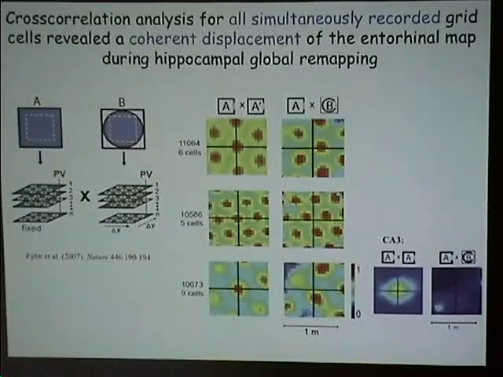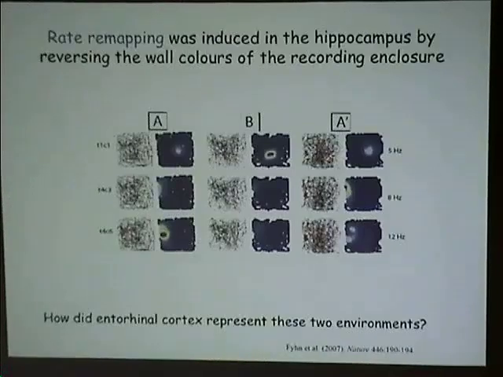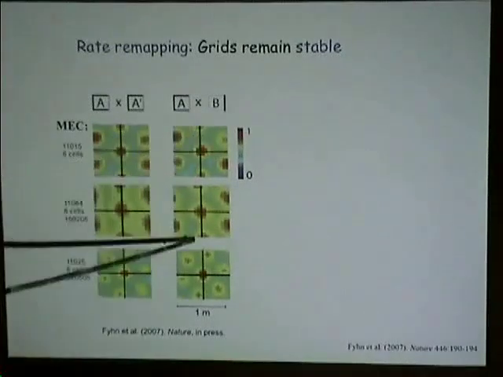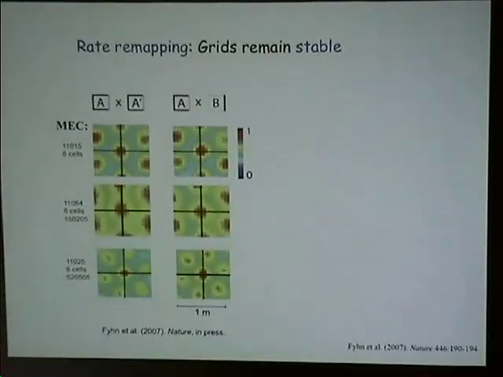When you get only rate remapping, then you never get the shift. This is what I didn't show you here. So then the cross correlations are always centered on 0. So that is what we know.